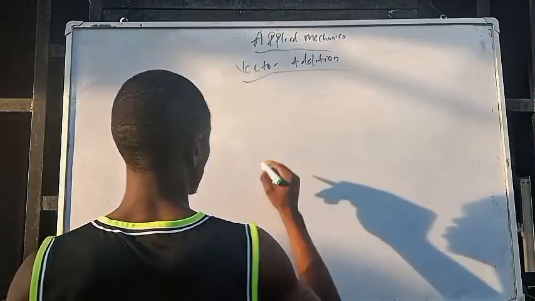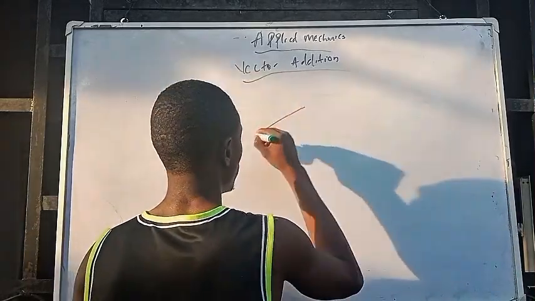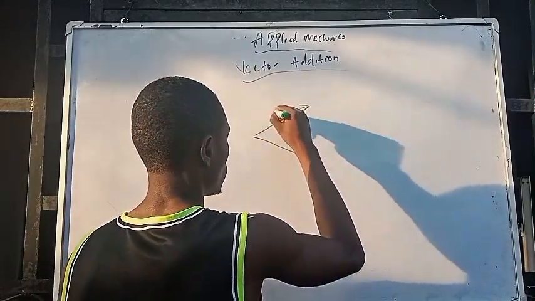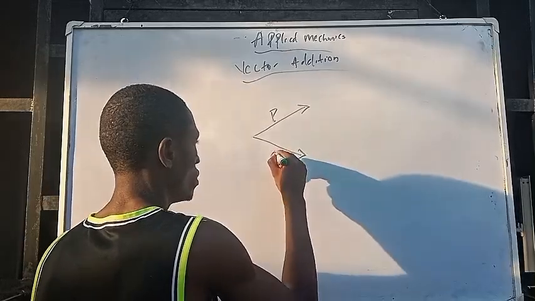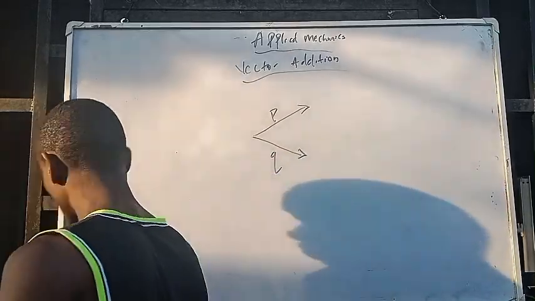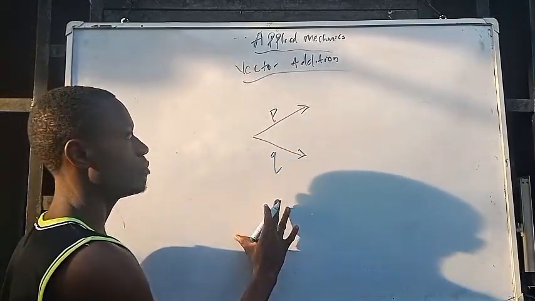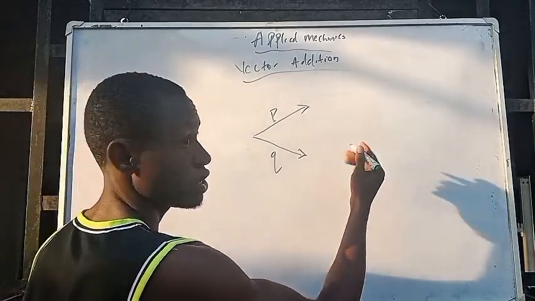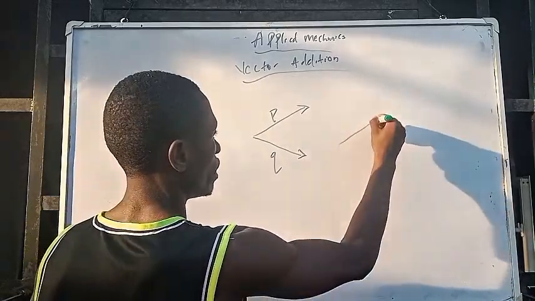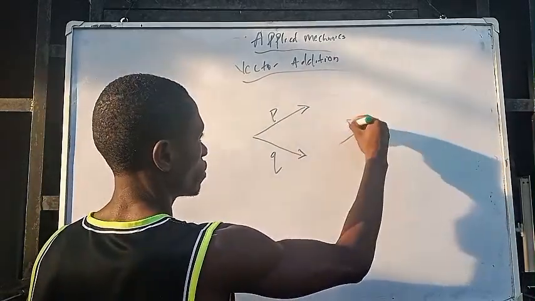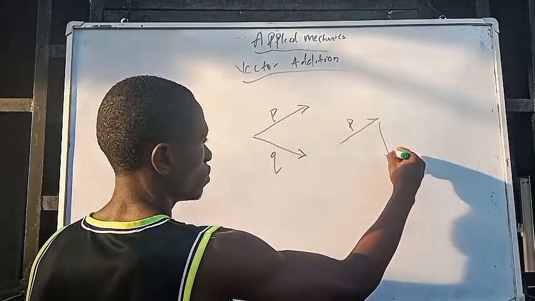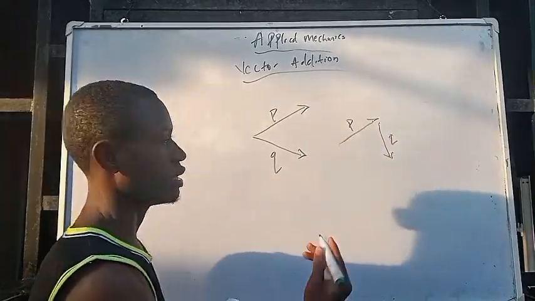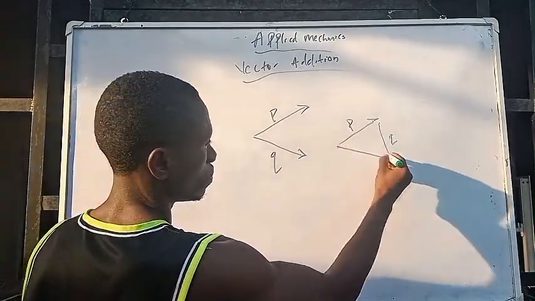Now, take a look at this. Let's start with the first one. I said if we have two vectors like this, vector P, vector Q, right? Using the triangular method, let me refresh your memory, we represent this as tail to head, the first vector and the second one. Then the resultant is from here to here.